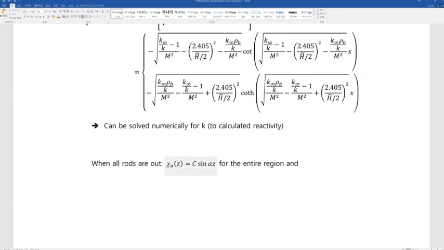And in that case, the boundary condition, the condition for the upper boundary, that means C multiplied with alpha H tilde should become 0.